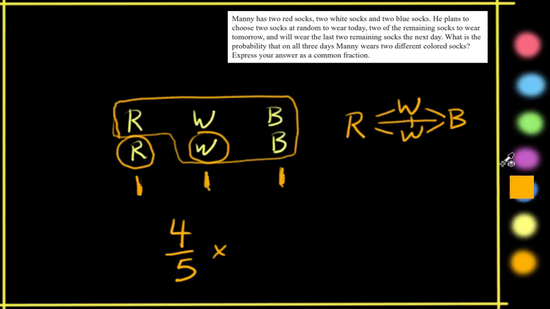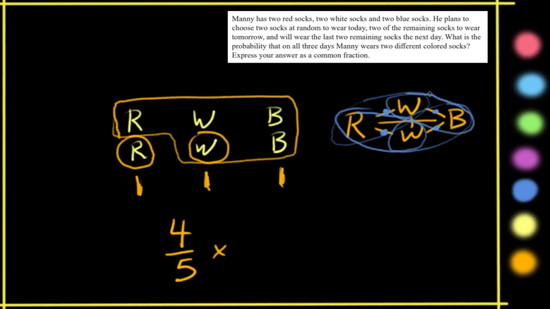if he picks any of these 4, I'm going to mark them with a blue dot here, both the second and the third day will be mismatched. So for example, he picks red, white, then the other one will be white, blue.